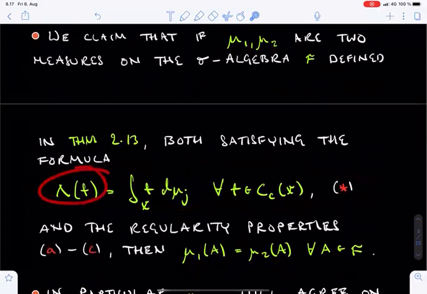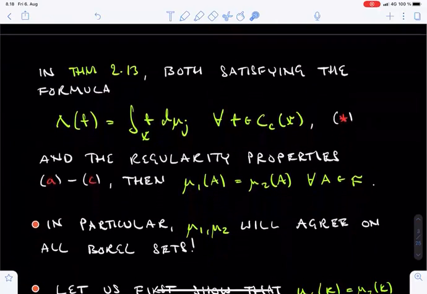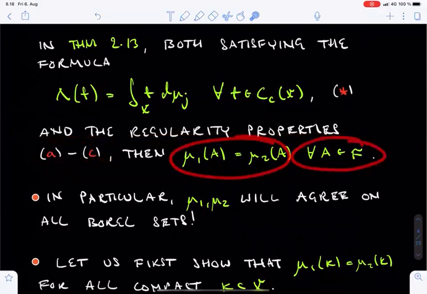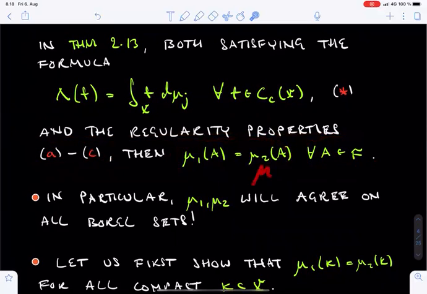In other words, lambda of f equals the mu_j integral of f for both measures mu_j, and for all functions f in Cc of X. Additionally, assume that both measures mu1 and mu2 satisfy the three regularity properties A to C listed in the theorem. Then the two measures assign the same value to every set A in the sigma algebra F, or in other words, they are the same measure.